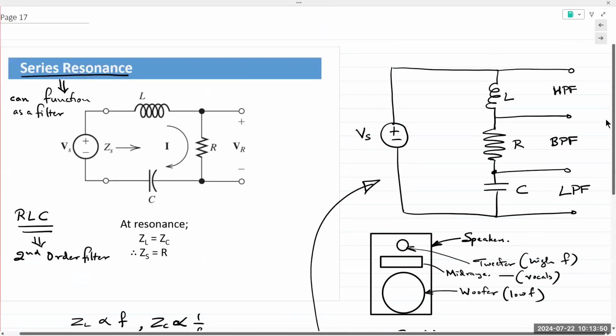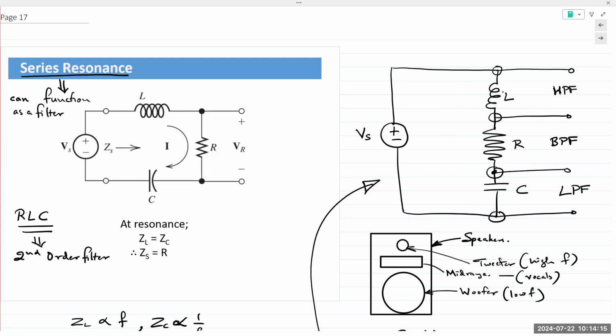All right. So series resonance basically implies that it is a series circuit, meaning all components are connected in series, because there is no third component connected at any one of these nodes. The wires that are extending out are simply measurement terminals, meaning this is where we connect our output.